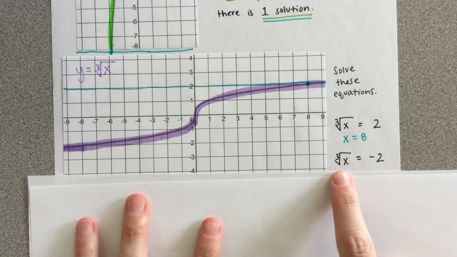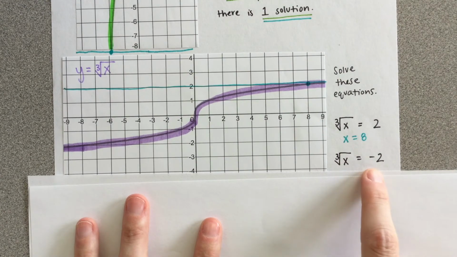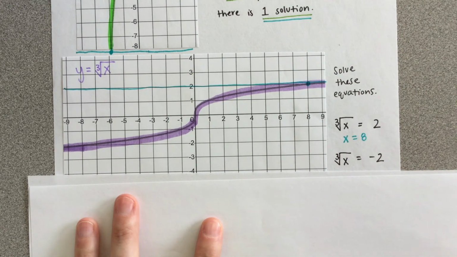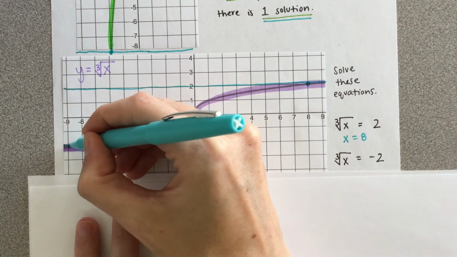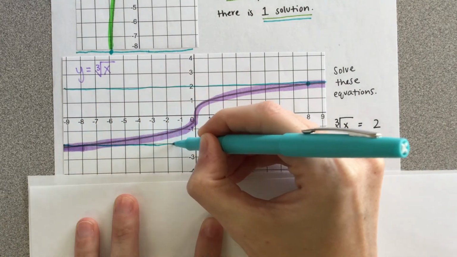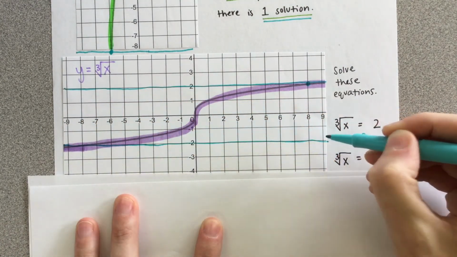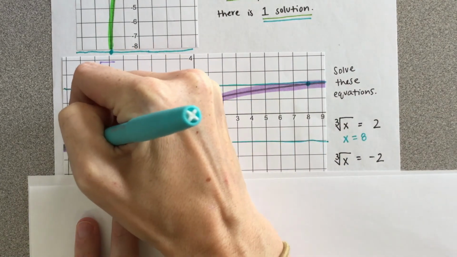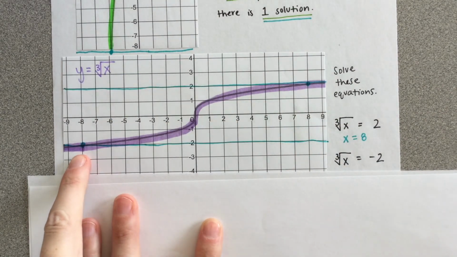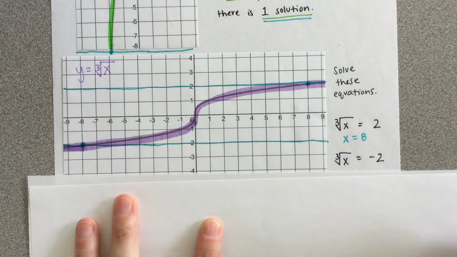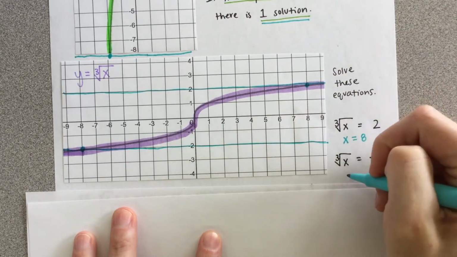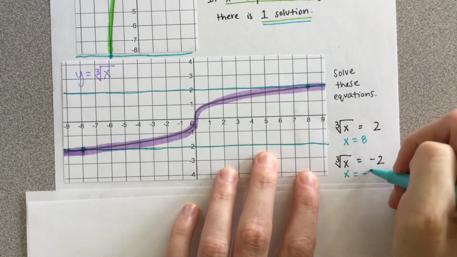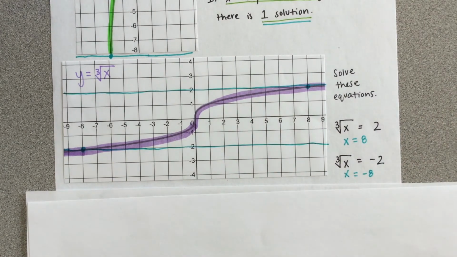Then, is there a solution for the cube root of x equals negative 2? Well, negative 2 on the y-axis is here. And it crosses our graph just one time right here at negative 8. So this equation does have one solution. x is equal to negative 8.